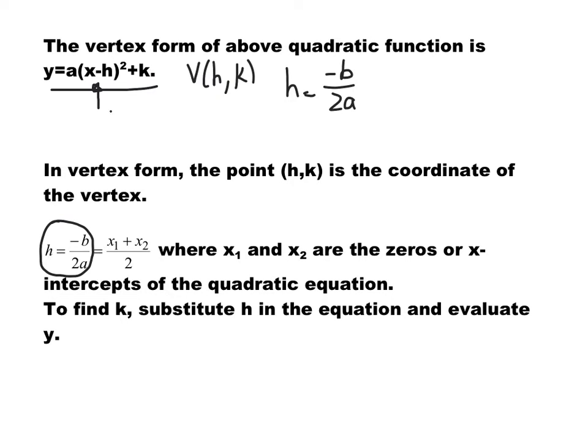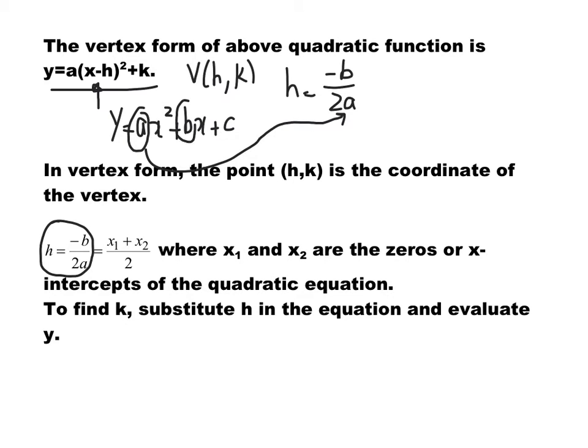Remember that the standard form was y is equal to ax squared plus bx plus c. So when you look at the standard form, your a value is the coefficient of x squared. This one is multiplied by 2 and goes in the denominator.